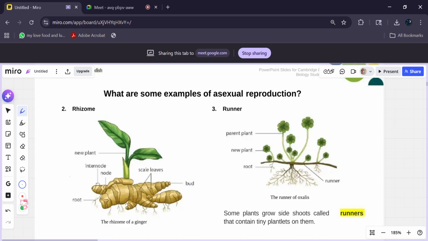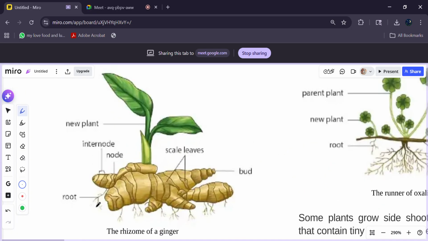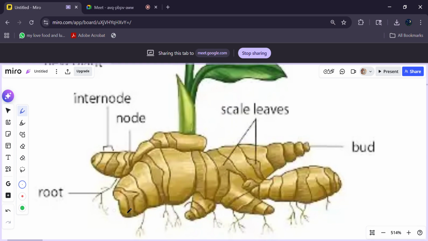So if you could see here in a rhizome, this is a ginger. The ginger is actually considered the roots. Not really, actually. It's like the underground part. It's considered a storage stem. It's underground. You can see the plants. You can see the roots. These small strings are the roots.